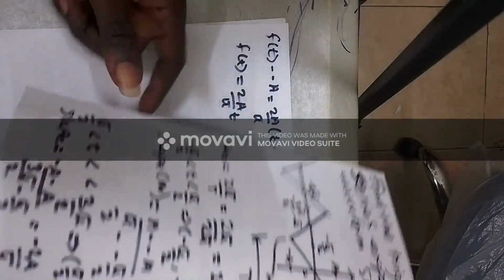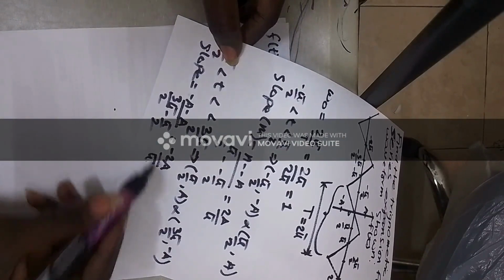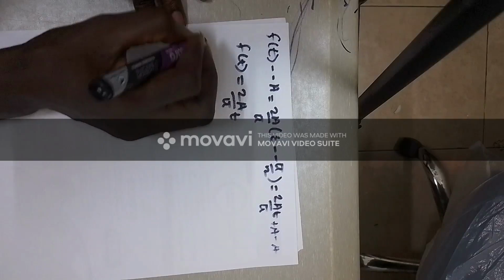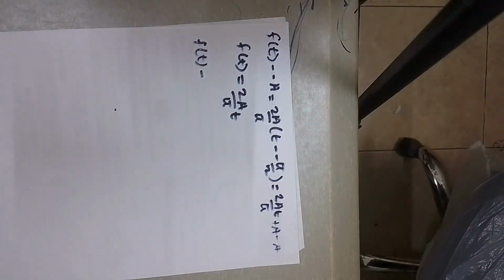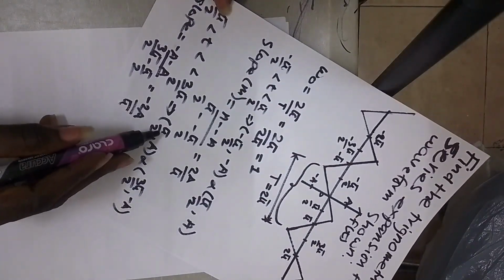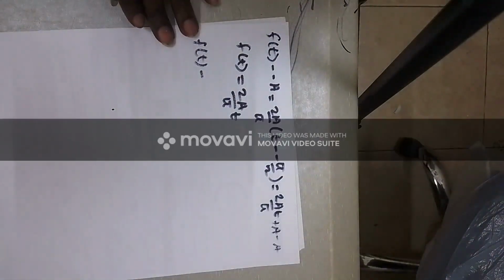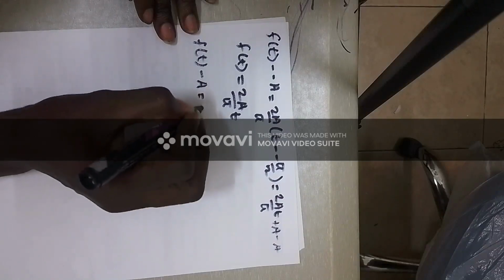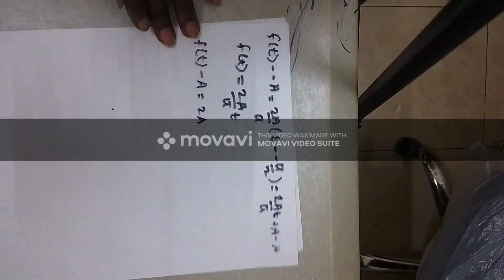So now the second f of t, we will find it for this slope. Okay, so for this slope, I will have f of t minus, I will use the first point, this one, pi on 2 and then a. So minus the y component, which is a, is equal to, sorry, here.